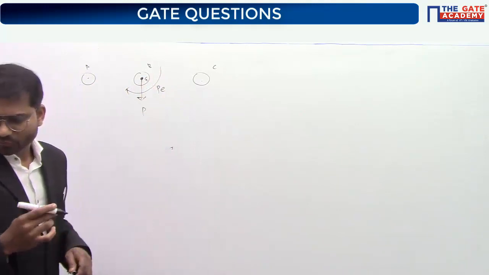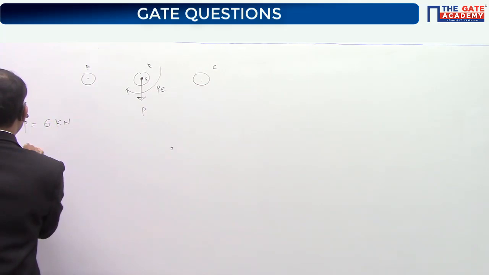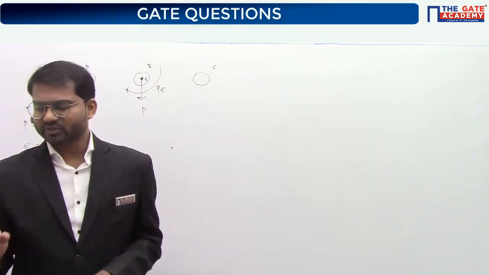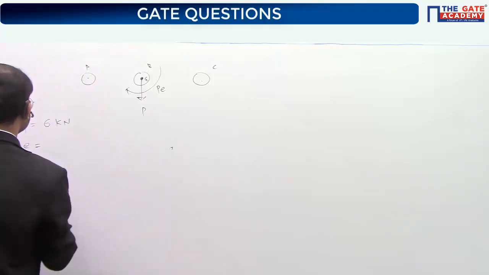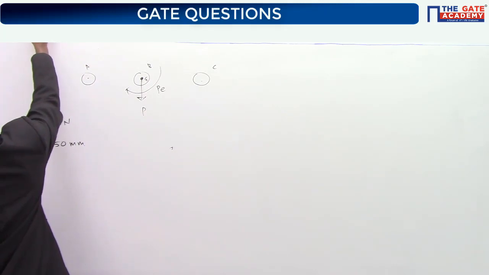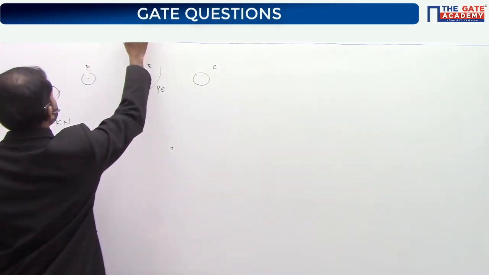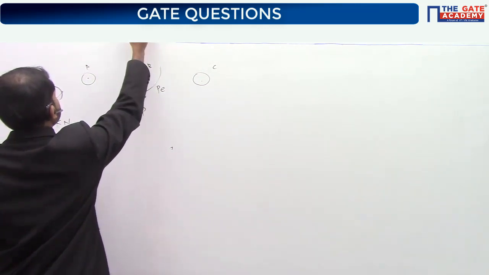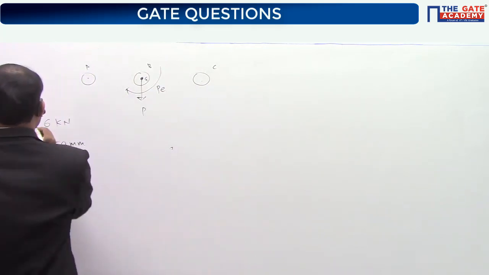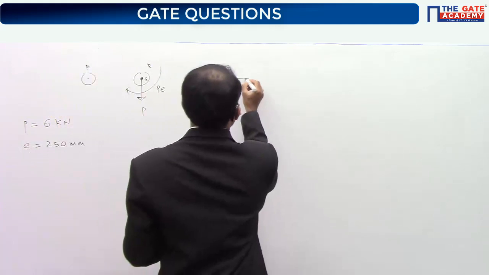In this case, load P is given as 6 kilonewton and the eccentricity e is given as 50 plus 30 plus 170, so 250 millimeters.